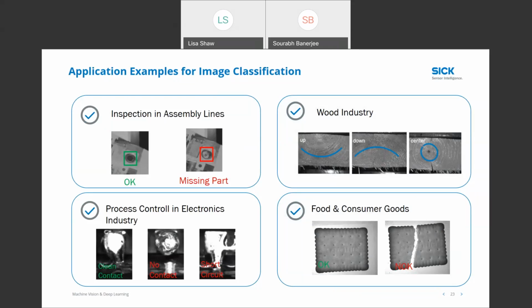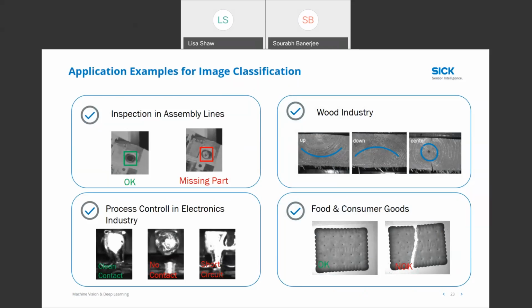In the food and beverage industry, this is another difficult application, where, for example, this cracker or this biscuit might be cracked. It might all have the same characteristics. It might be within the tolerances, but actually the cracked biscuit is a defective part. So with deep learning image-based inspection, you are able to identify that.